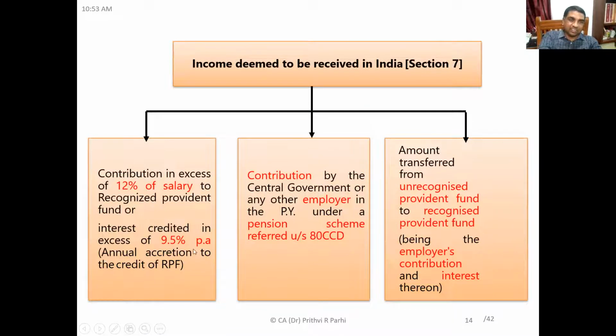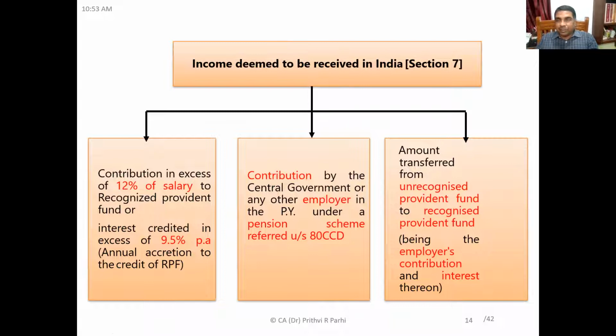Okay, that is annual accretion to the credit of recognized provident fund. So excess contribution to the recognized provident fund or excess interest credited to the recognized provident fund shall be deemed to be received in India. That will be deemed to be income of a person. Understood that thing?